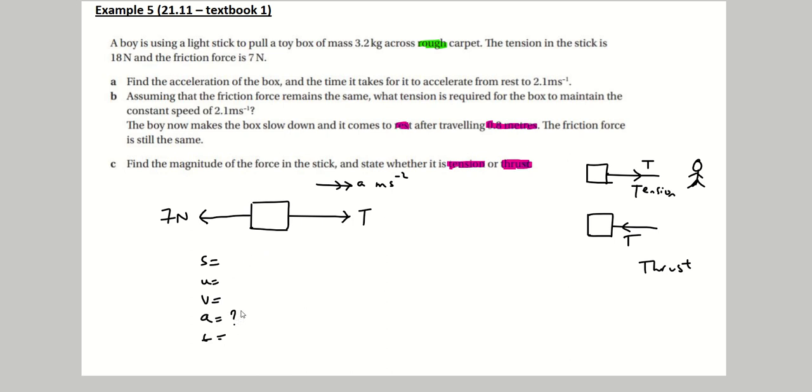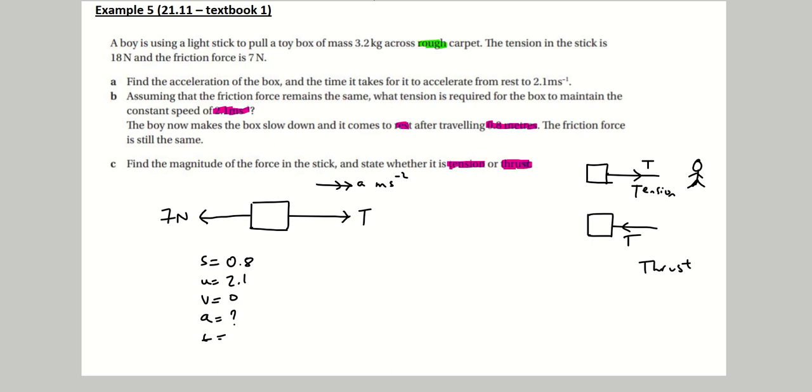We don't know the time taken, we're not going to need it, but we do know it comes to rest after 0.8 meters, so the displacement is 0.8 meters. The initial speed is 2.1, because it's still travelling at that speed before it starts to slow down, so we need that from part B. 2.1, and then it goes to rest, 0.